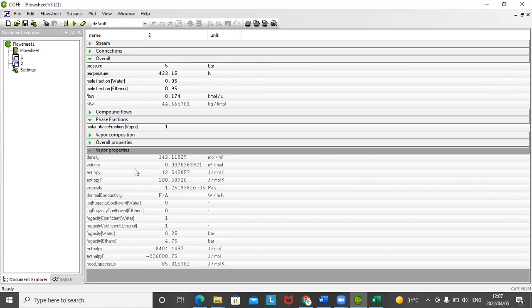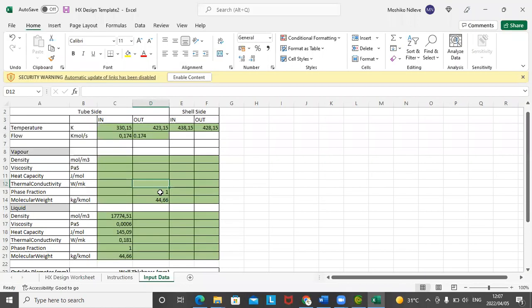And then we're looking for density, which is 142.11. And then your viscosity.